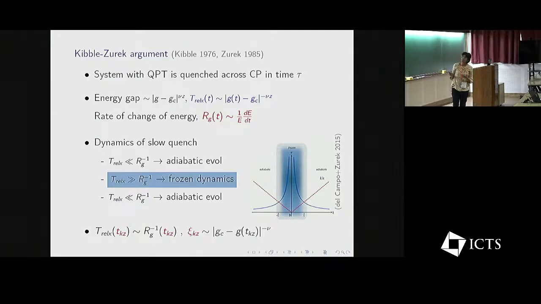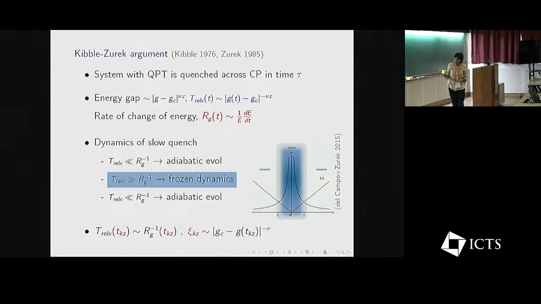The idea is, suppose I have a quantum phase transition, where some parameter g is varied in time tau. There are two time scales in this problem. One is the relaxation time. As I already said, you perturb a parameter g, and the system can relax. But the other time scale is the inverse rate of change of the energy. If the relaxation time is smaller, then you have adiabatic evolution.